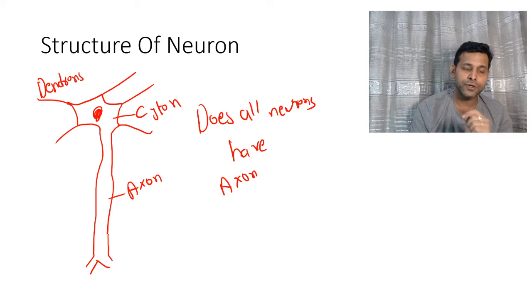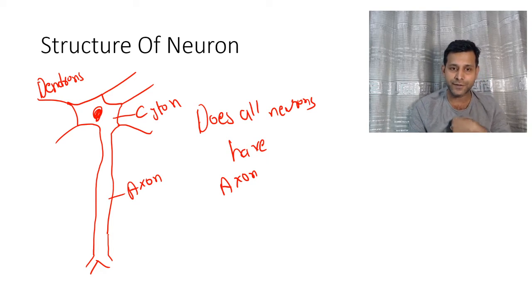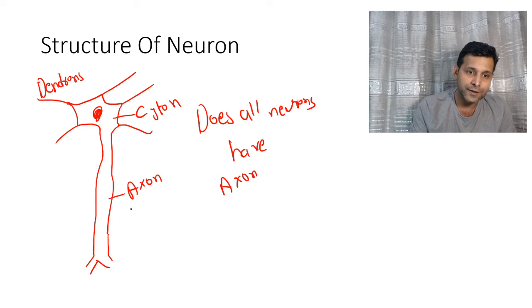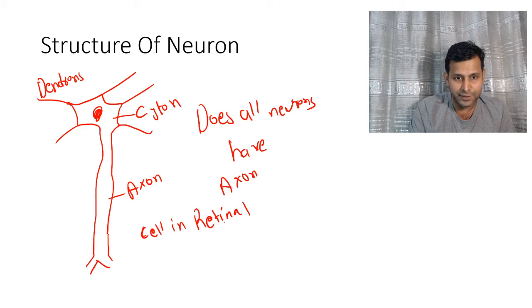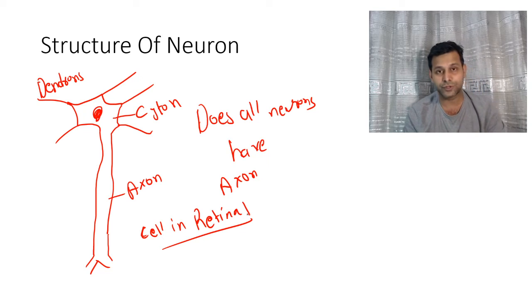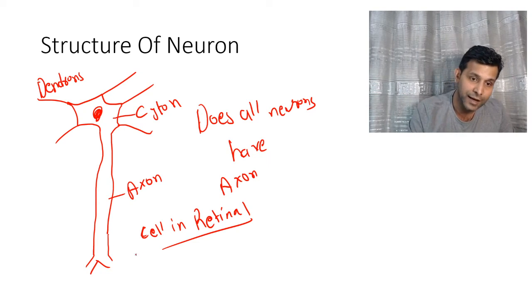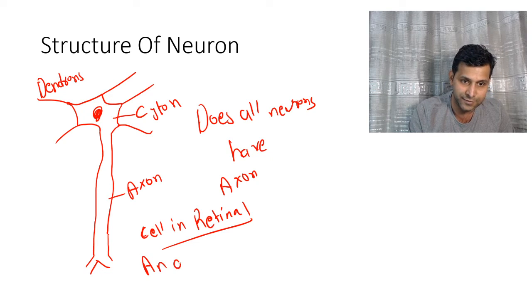Few neurons, they don't have axon, and to be more precise, the cell in the retinal layer, or the retinal cells, not rods and cones, but the anaxonal cells, they are called as anaxonal cells.